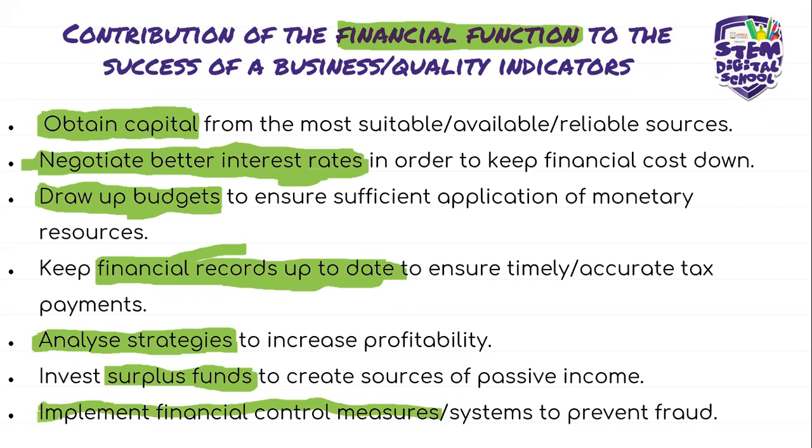If you don't implement these financial control measures, I'm telling you right now, grade 12s, you can be running at a loss. Not saying maybe your product is not being sold. It is being sold, but because there are no financial measures or systems, people are stealing from the store, people are stealing money.